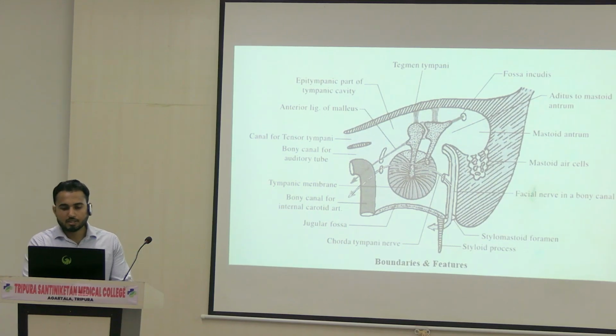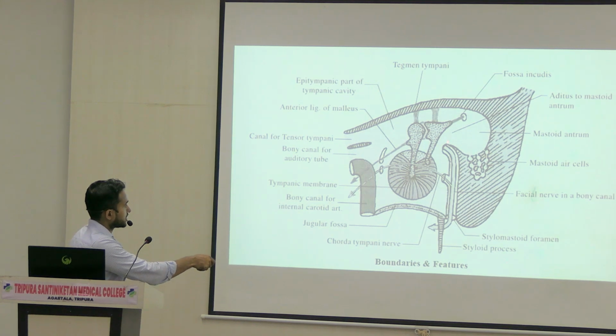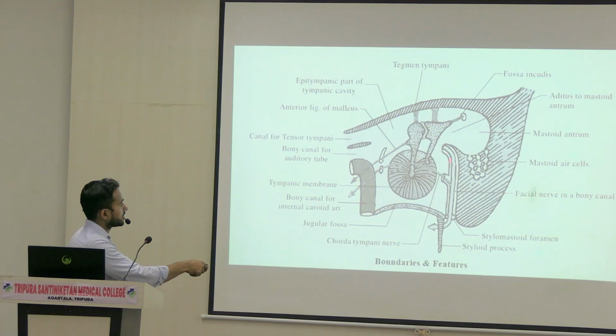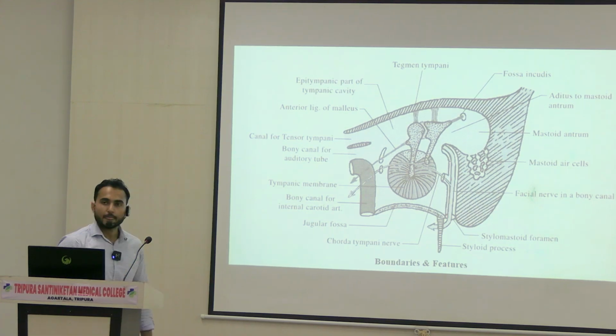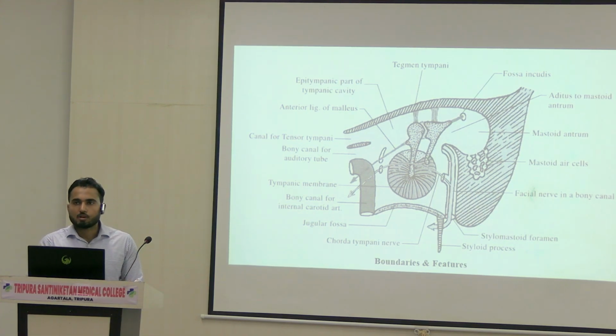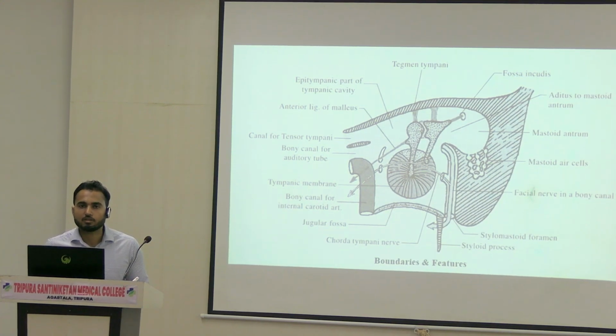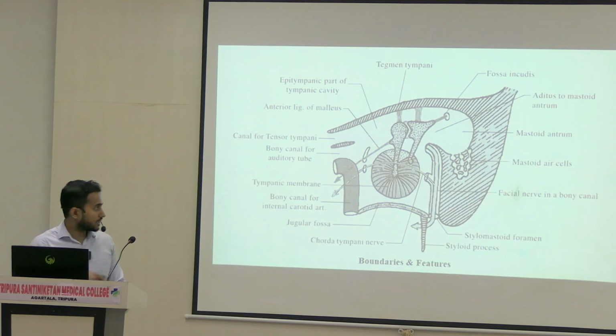Okay, next, in the lower part you can see the facial canal is present. So this is the upper part of the posterior wall, this is the lower part of the posterior wall. Now in the lower part you can see the facial canal. तो facial canal से क्या pass होगा, what will pass through the facial canal? Facial nerve will pass through the facial canal, as you can see.